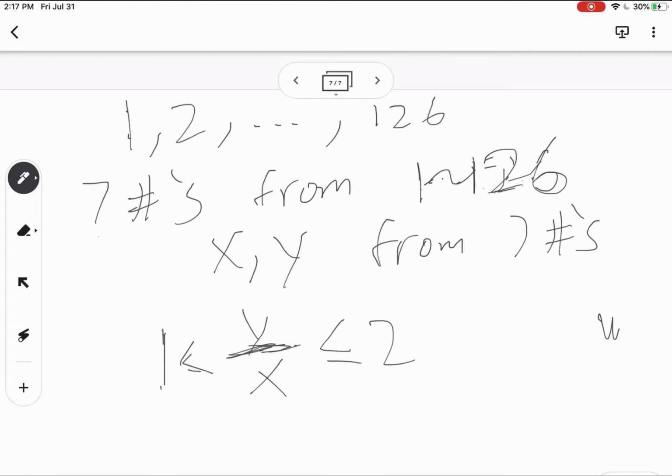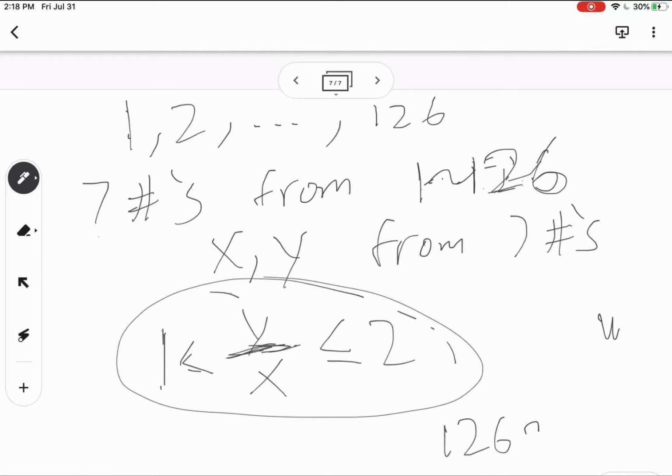So anyways, first of all, how do we capture this information in terms of Pigeonhole? It's not really clear exactly how. But one thing you can notice is that 126 is approximately 2 to the 7, so maybe we want to use that somehow. And we can kind of use that.